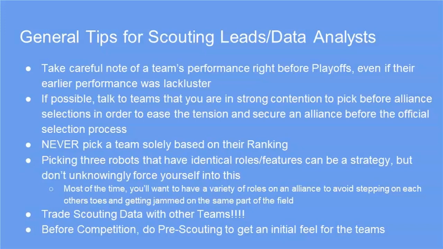And you can actually factor this into your weighted algorithms by collecting the qualification match number and making higher match numbers have a greater effect on the overall score of your team. So for example, if you collect data on a team on match number 3, you'll want that data to affect your algorithm less than match 83's data.